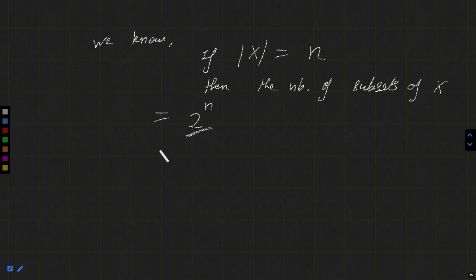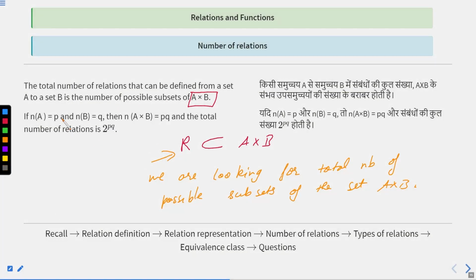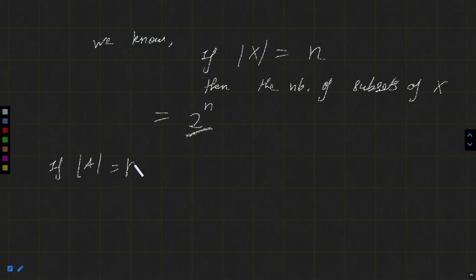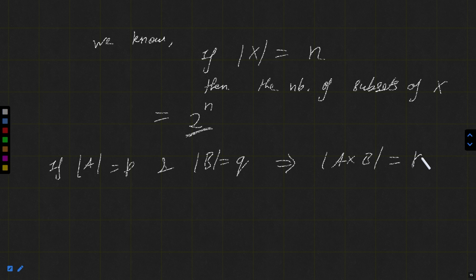So if the number of elements in set A is P, and in B it is Q, this implies the total number of elements in A cross B is PQ.